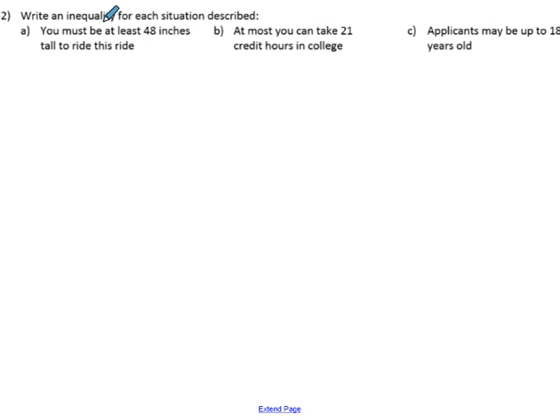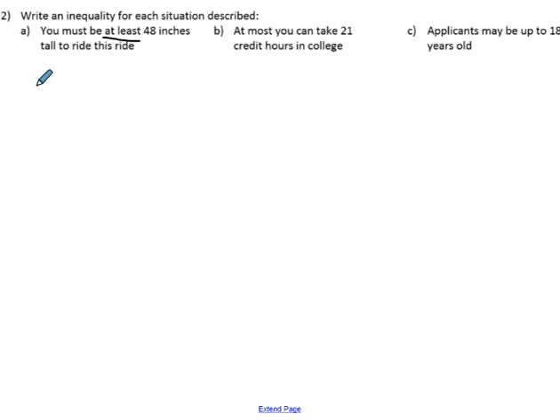So part A says you must be at least 48 inches tall to ride this ride. So let's talk about what at least means. If you're at least 48 inches, can you be more than 48 inches? Well, yes, of course. You can be taller. Can you be less than 48 inches? No, that's what at least means. Okay, you cannot be less than 48 inches.